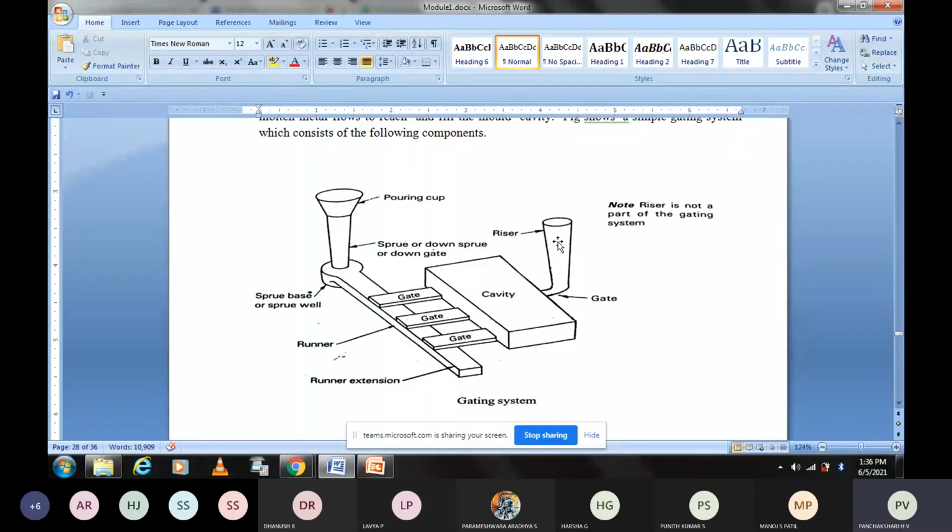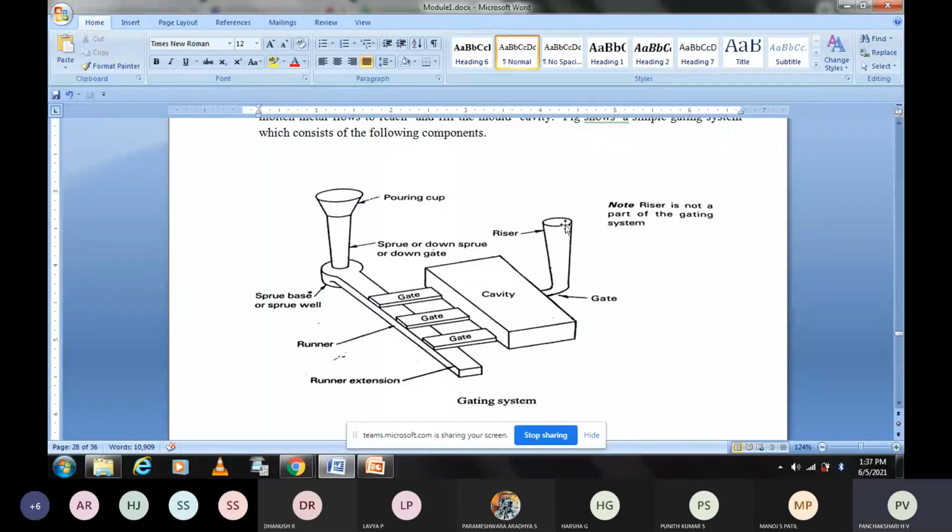I explained in the previous class one more function of the riser. What is that? When the liquid metal is cooling, initially this is the volume of the liquid metal. Then what happens? Gradually, when it is cooling, losing the heat, the contraction of this metal takes place. Size of this will be getting reduced. Contraction takes place. But we want the casting to be of this size only. Size should not get decreased.